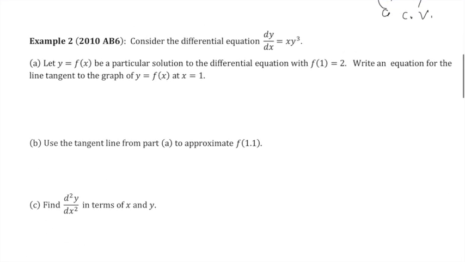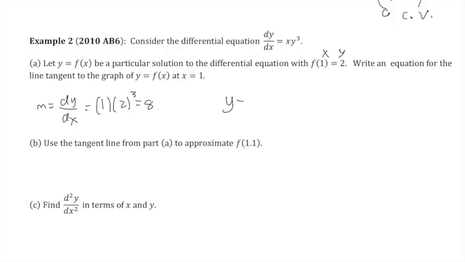Okay, so we're going to write another equation of a tangent line. Again, the slope is equal to the derivative at 1, 2. So we're going to plug in 1 for x and 2 for y, which gives me 8.